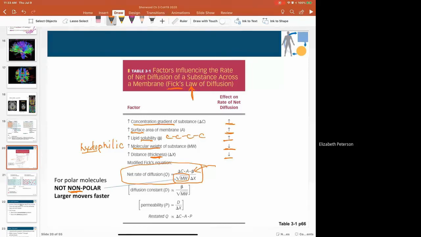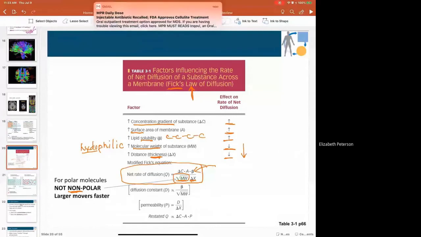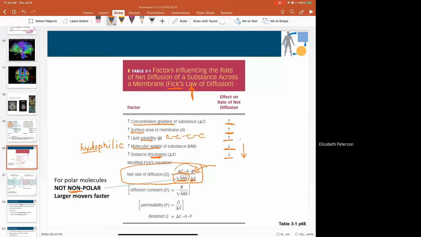He's got diffusion distance. He's got molecular weight. These are going to decrease diffusion. He's got concentration gradient and surface area and lipid solubility in the numerator, and these are going to increase diffusion.